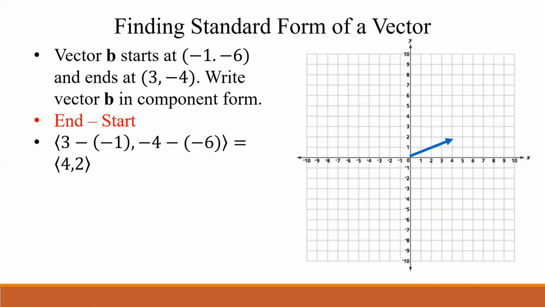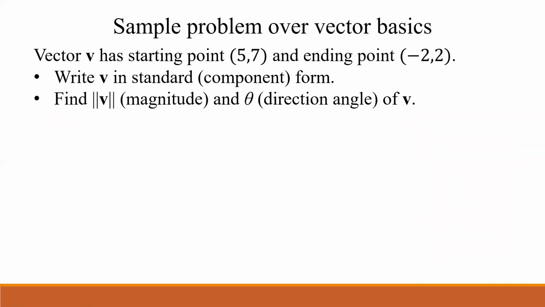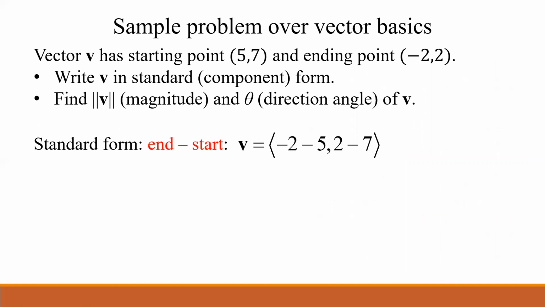Okay, so let's do a sample problem that kind of covers everything about those basics of vectors. So let's say I've got a vector b starting at 5, 7 and ending at -2, 2. And I want to find component form, magnitude, and direction. Okay, so first things first, find that standard form.